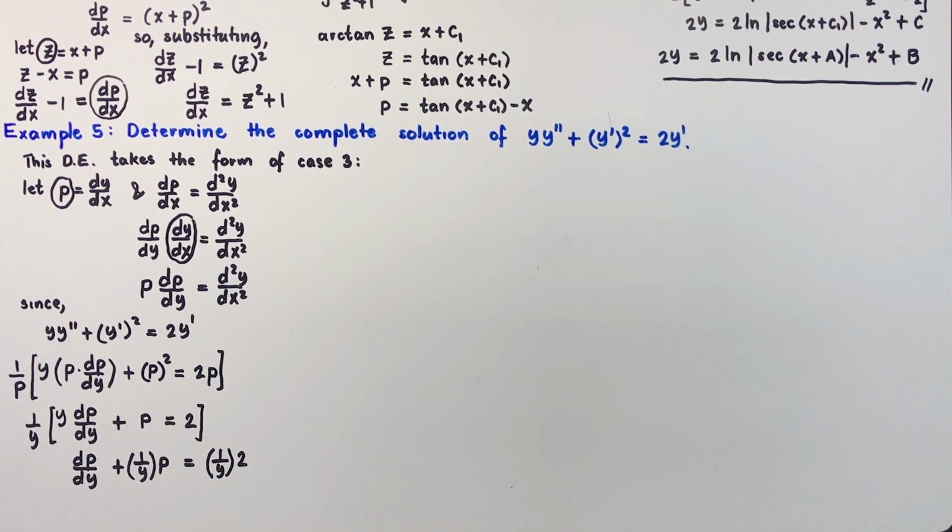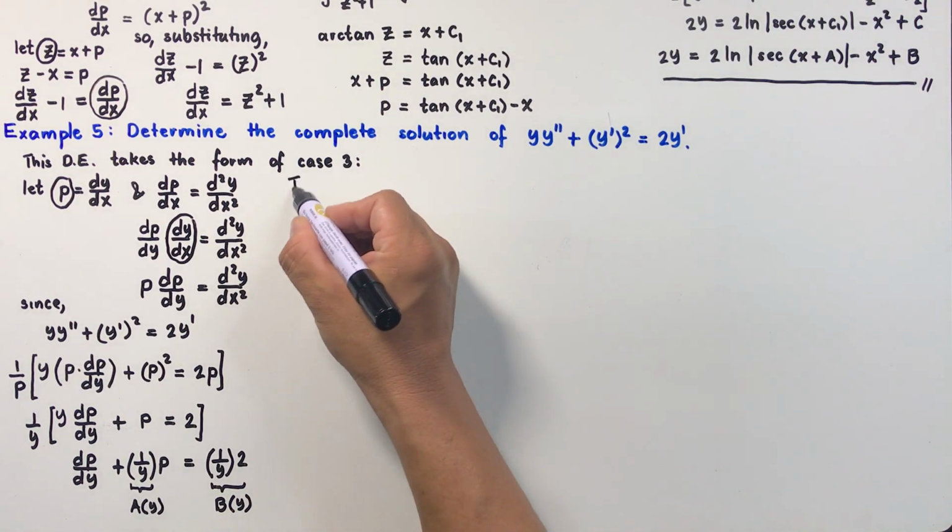We notice that this is already a first order linear differential equation, which is linear in p. So this is our a of y, and this is also our b of y here.